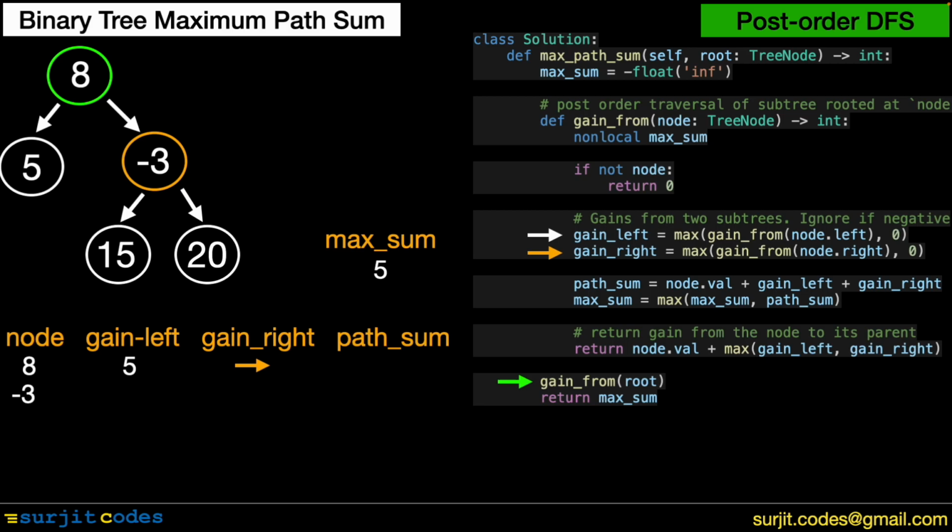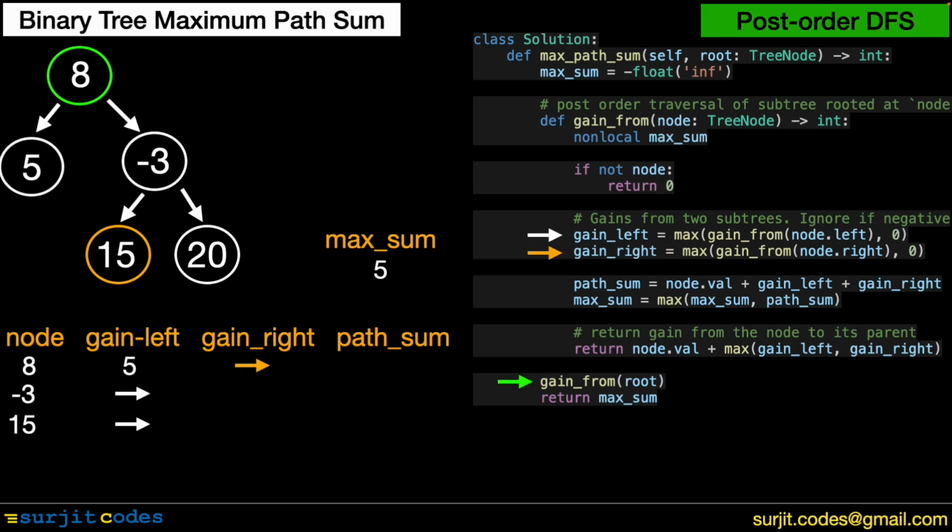Right child of node is -3. In order to find gain right, we execute the statement with orange mark with this node -3. Node is not none, so we reach the statement with white mark to find gain left of -3. Left child is 15, so we call function gain from again with 15, which becomes the new node.